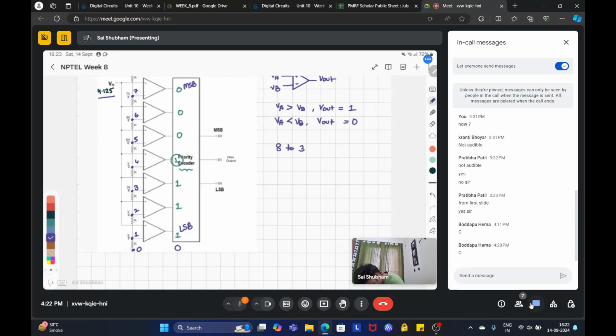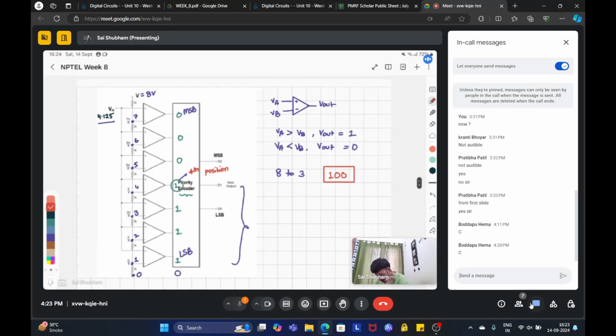So in that case, this is your fourth position. So the output will be 100. So this is the answer. So is this clear? If you have any doubts, let me know.